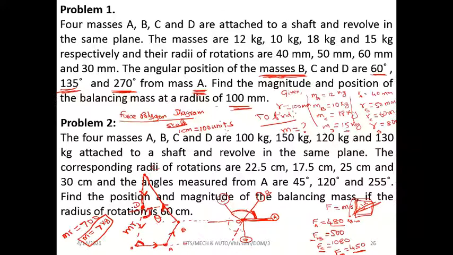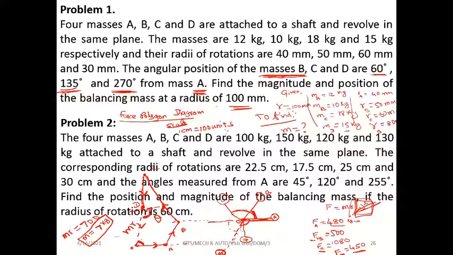Suppose you got 96 or 95 degree, then you have to draw that. So this is theta. Draw the 10 centimeter line and put the mass here. That's all. Now the force polygon diagram and space diagram, everything is completed. At the end, you have to write the mass value.